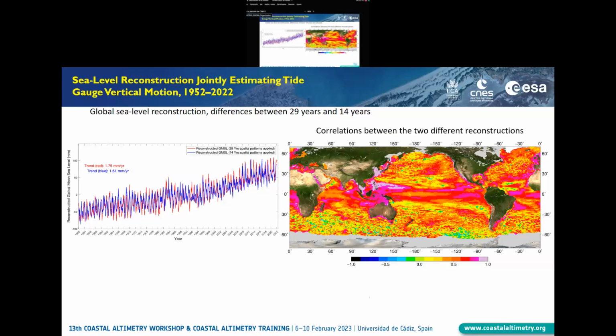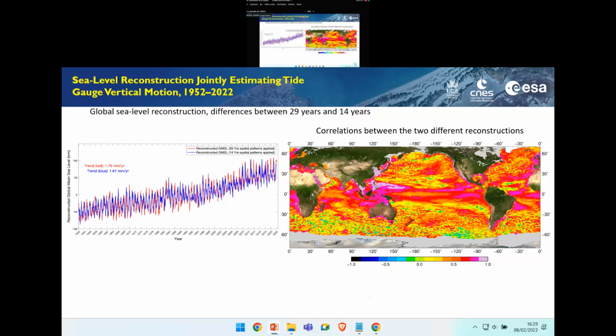You could see, for example, in Antarctica. Okay, over here, and as certain regions, they are not colored. So that's just a sensitivity work showing the different reconstruction using 14 years versus 39 years of radar altimeter data.